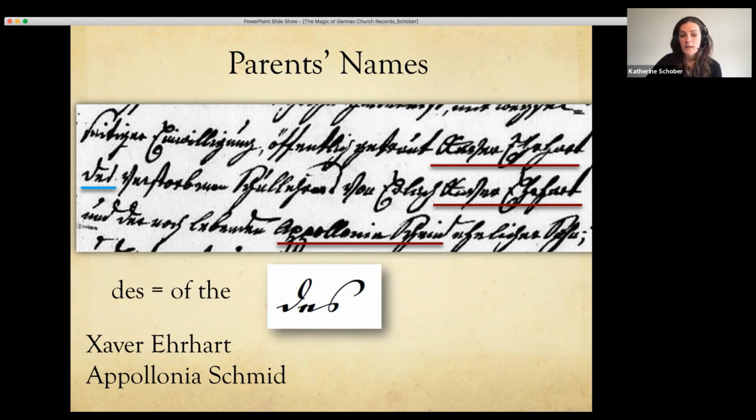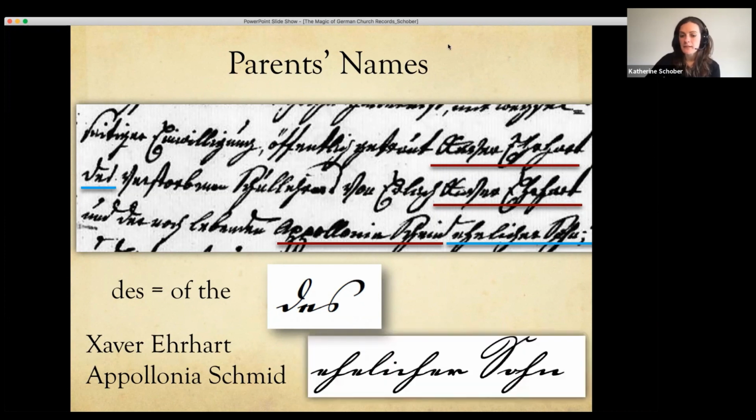Now, another phrase I want to make you aware of is the phrase ehelicher Sohn. That phrase means legitimate son. So what this little section says here is Xaver Erhardt of the Xaver Erhardt and Apollonia Schmidt's legitimate son. That sounds a little weird in English.